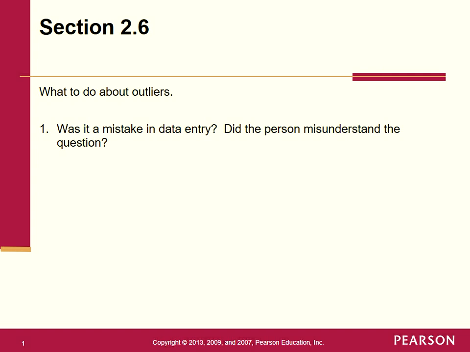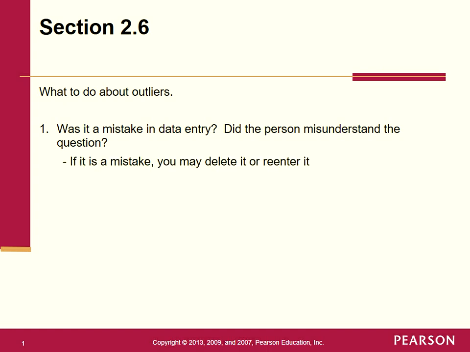Or did the person who did the survey maybe misunderstand the question, or maybe the question wasn't worded properly. So you've got to go back and check to make sure that everybody understood exactly what you were asking, as far as the researcher's standpoint goes, and whether there were any mistakes made.